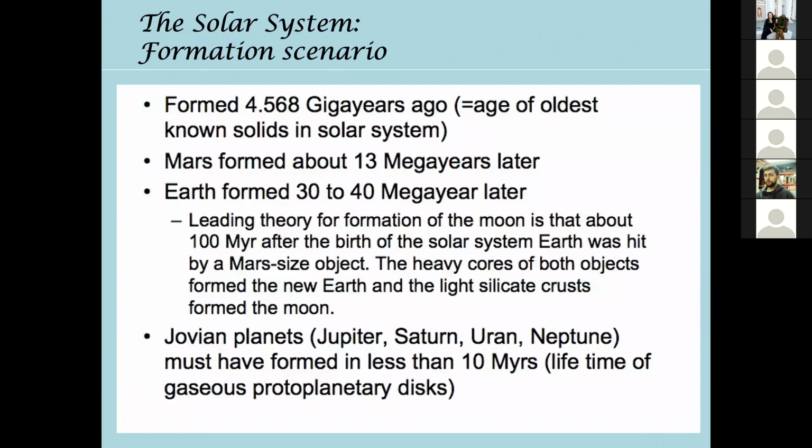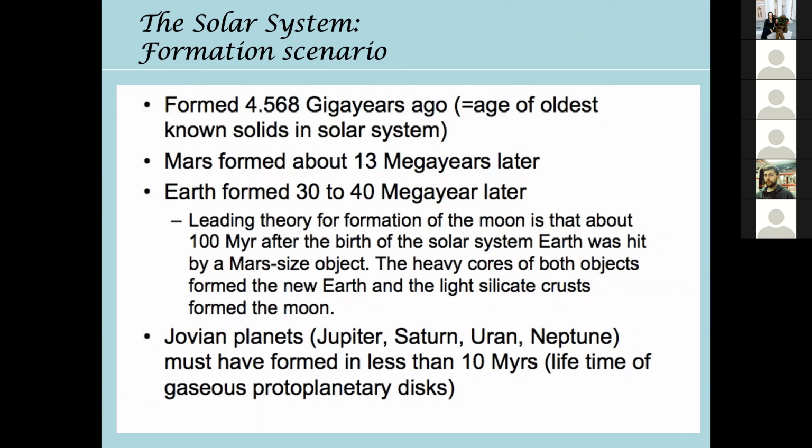For our solar system, we know, based on the age of the oldest rocks available to us, especially the rocks that fall from the sky, that it formed about 4.6 billion years ago.